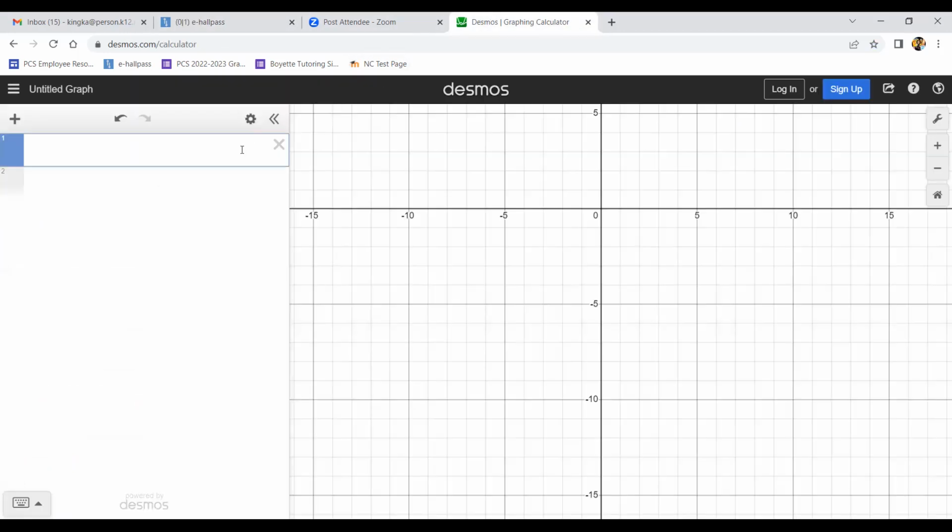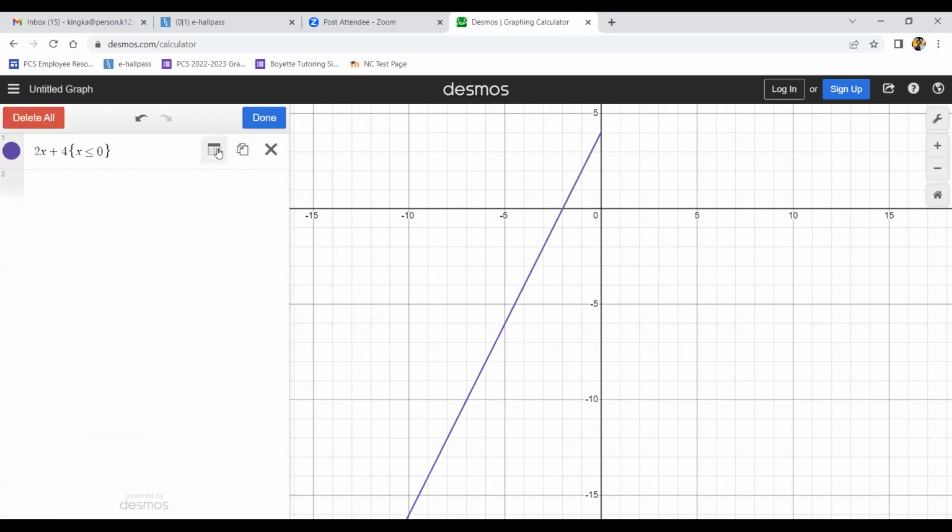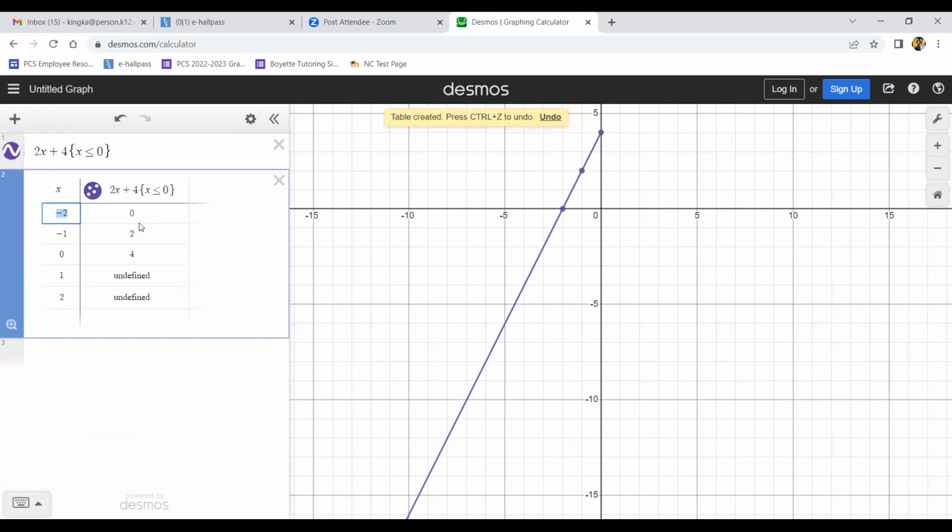Okay, so the next one says 2x plus 4, but only if x is less than or equal to 0. So now I'm going to do squiggly bracket, x is less than or equal to 0. Okay. And then I want to get my table up so I can see the points. So there's my undefined point. So I might want some more negative values.